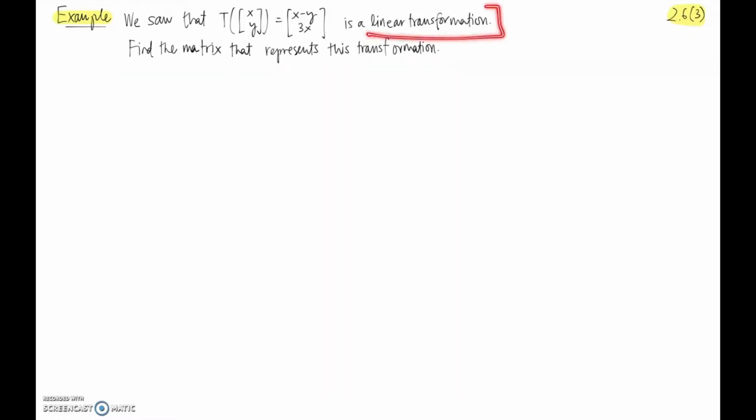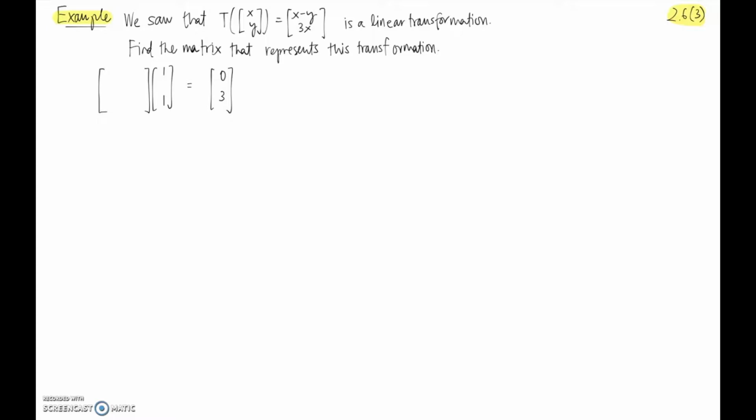Because it's a linear transformation, we know that somewhere out there there's a matrix that will represent what's going on with this transformation. So there's some matrix that when I multiply it by (1, 1), I'll get that (0, 3), which is where this transformation was sending (1, 1). So I think through, okay, what numbers need to go in here?